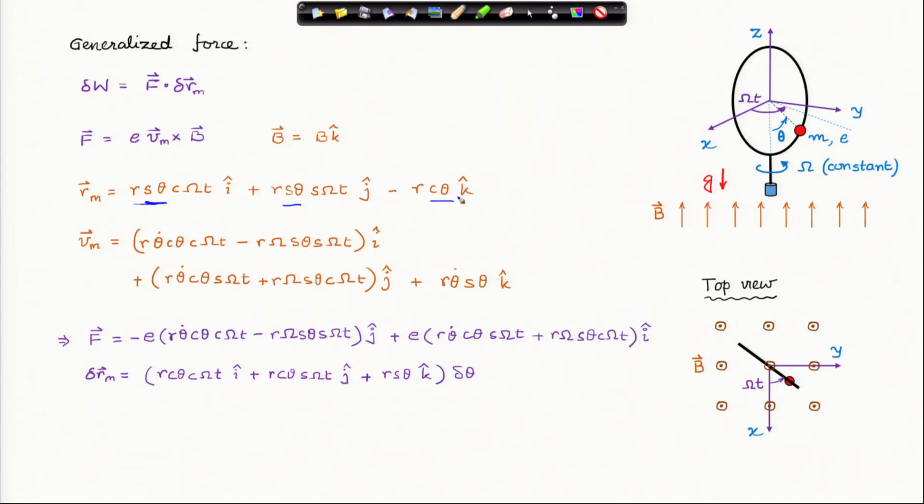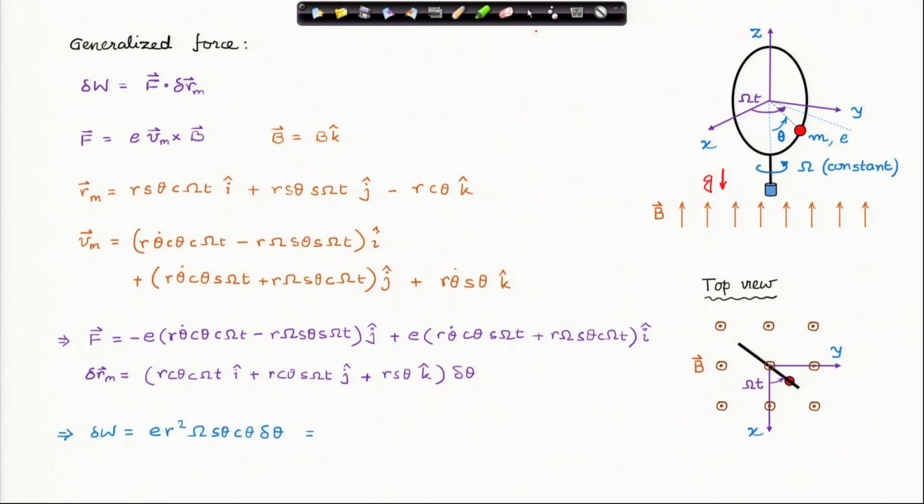Therefore, this is the virtual displacement delta R_m in the physical coordinates, and this is written in terms of the virtual displacement in the generalized coordinate space, or the configuration space. We are talking about variations or virtual displacements in the generalized coordinates, which means in the configuration space of the system.